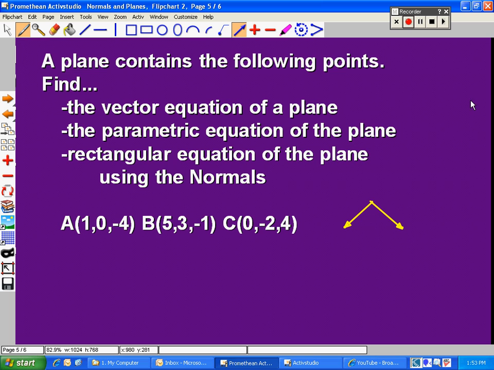Can you remember how we found the normal vector? What would we do to find this normal vector? That's right, we would find the cross product. So think back on how you would find the cross product given these 3 points.